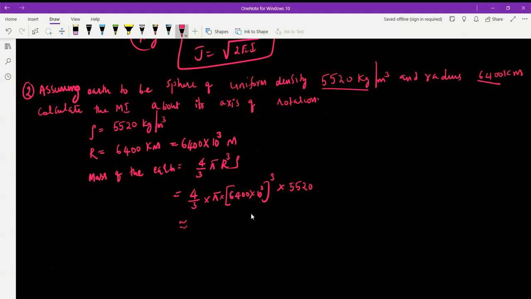So what does this calculation lead to? 4 by 3 into, so now 22 by 7 into 6400 into 10 to the power of 3 whole cube into 5520. So what is the answer? What is the answer?